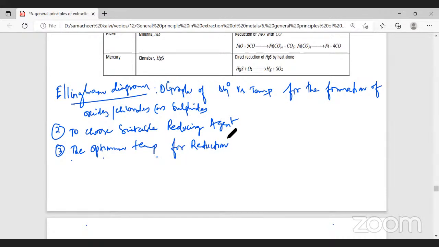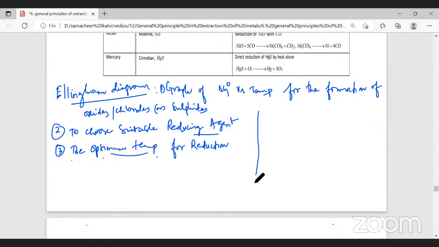These are the functions of Ellingham's diagram. One is to choose the suitable reducing agent. The second one is to choose the optimum temperature. Optimum temperature means the temperature at which the reducing agent is highly active. That's called optimum temperature.